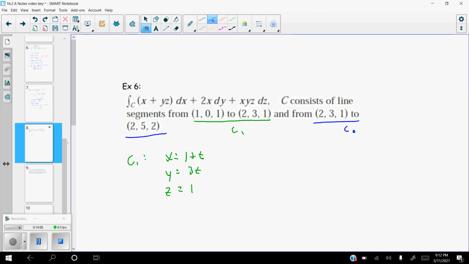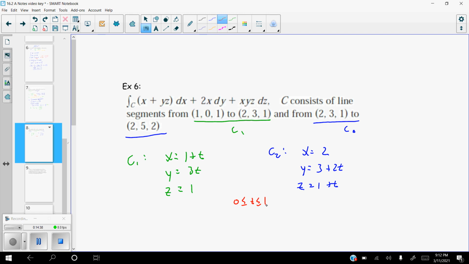Let's parameterize C2 while we're at it. X starts at 2 and is always 2, so it doesn't change. Y starts at 3 and increases by 2 to get to 5. And z starts at 1 and increases by 1 to get to 2. Because these are line segments, t goes from 0 to 1.